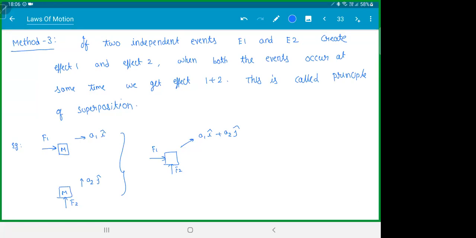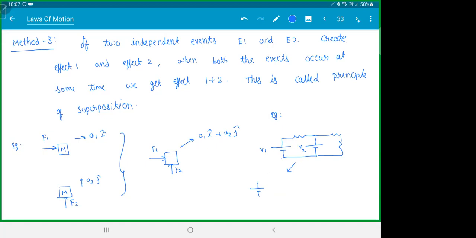Now, not only this principle of superposition, I can even use this in circuits. For example, let's say you have a battery here, and a resistor, and one more battery here, and a resistor like this. Let's say this is battery 1 and battery 2.